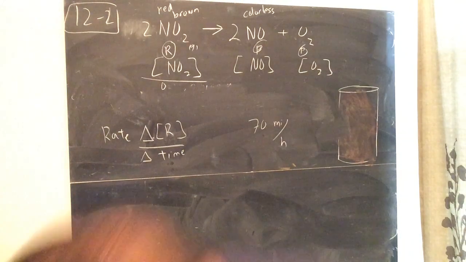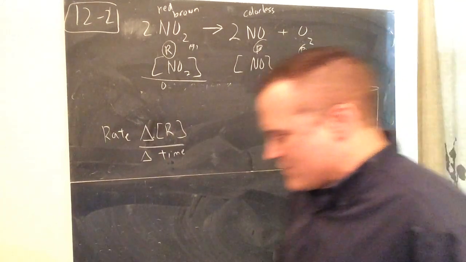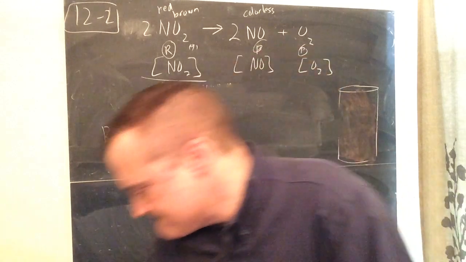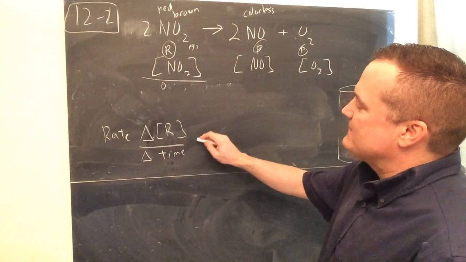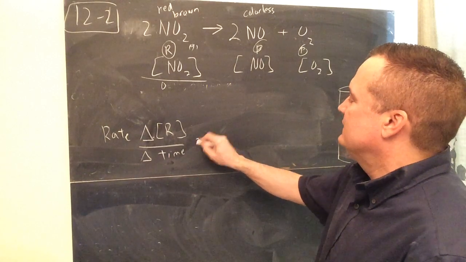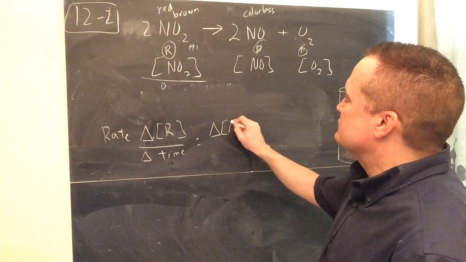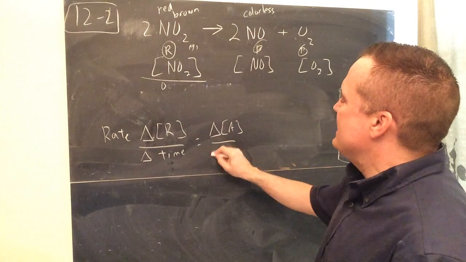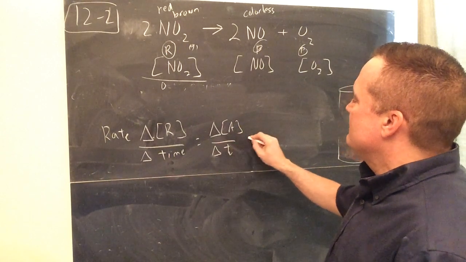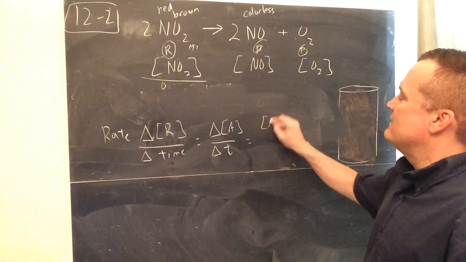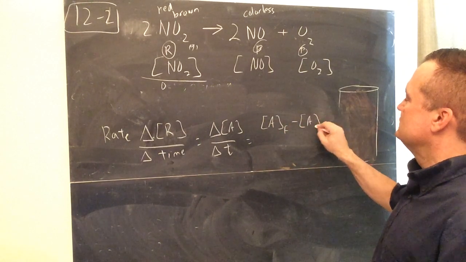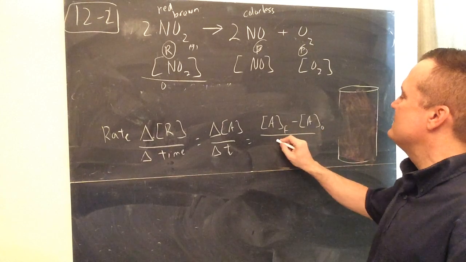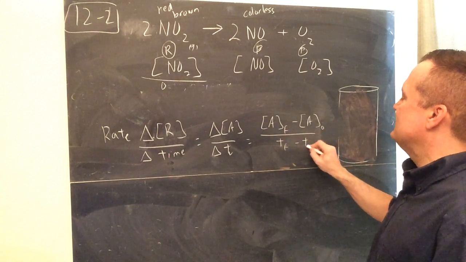All right, so to get the change in reactant concentration as time goes by, that's usually how we measure the rate. So if I want to make a general term, change in A over change in time, that would be the final molarity minus the initial molarity divided by the final time minus the initial time.